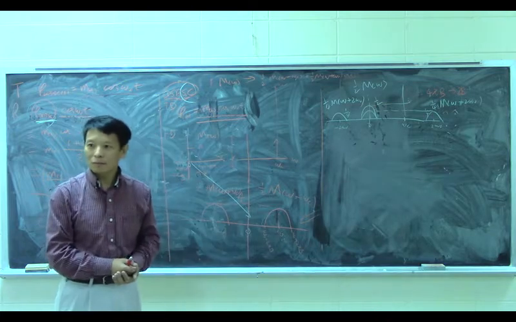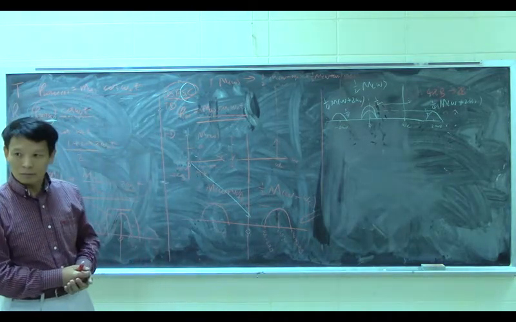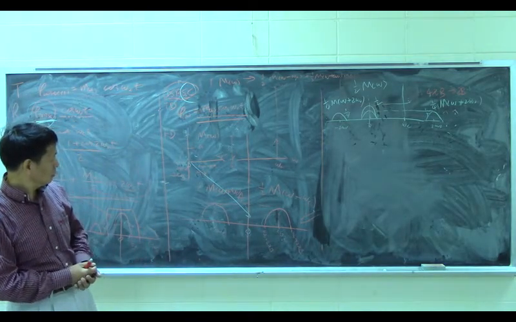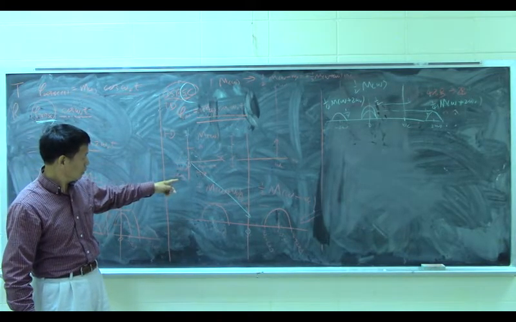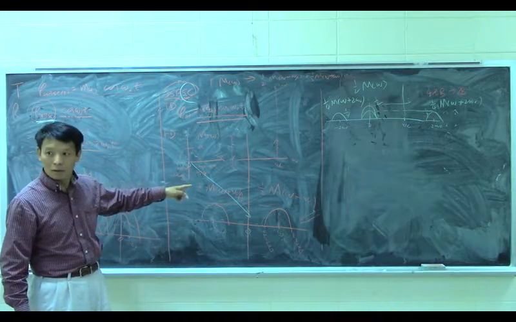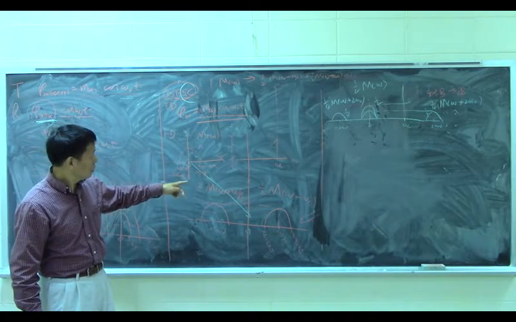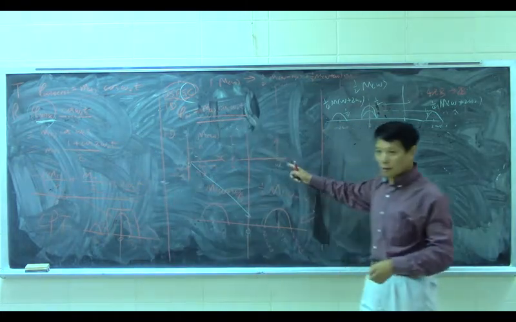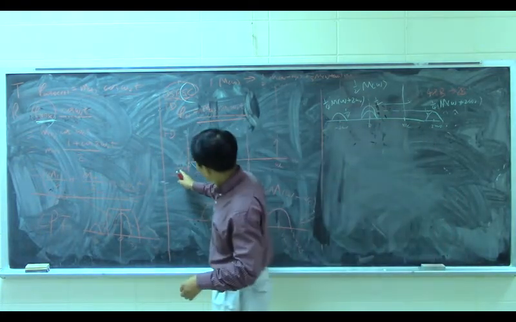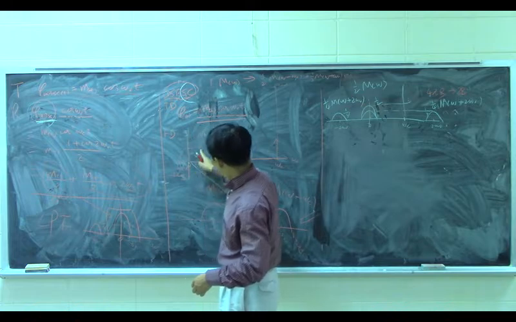If you got one at zero, how do you get one half? If zero is supposed to be one. On the first one, left side, the original signal right there, at zero is equal to one, right?